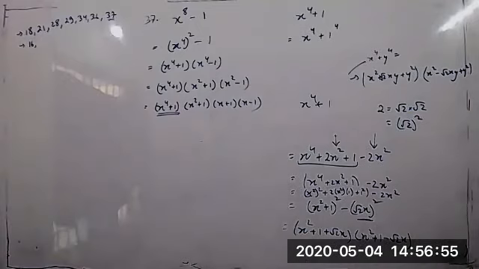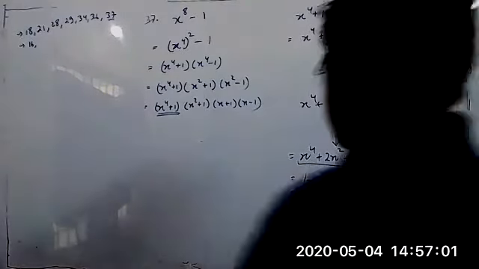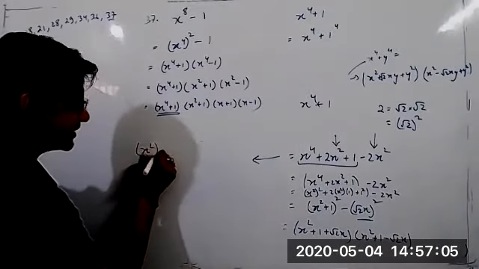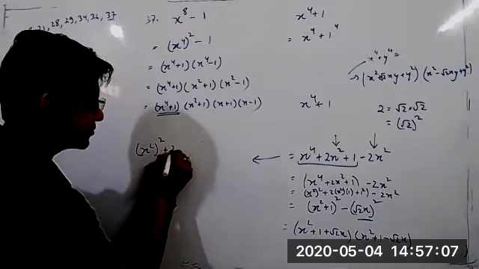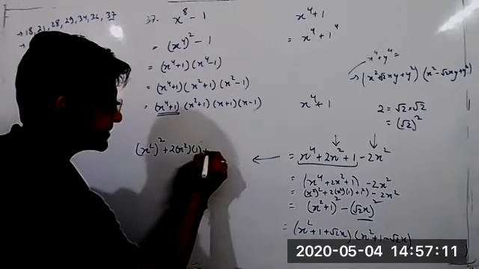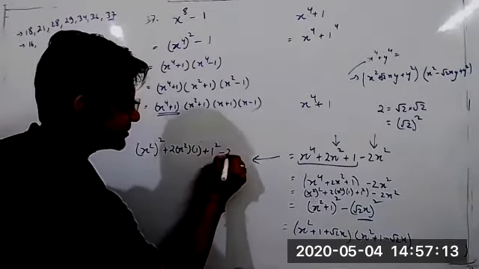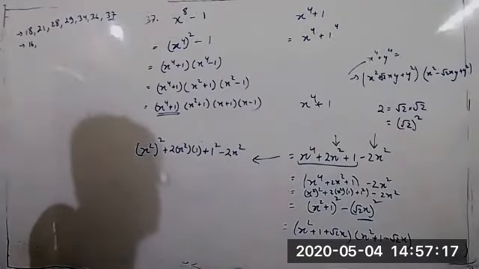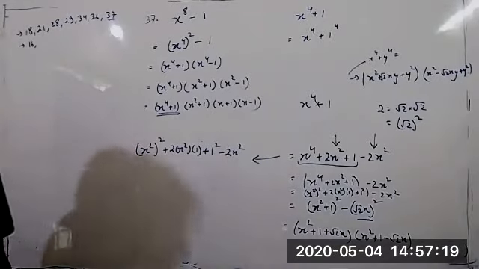No, sir. Okay. Now, can you write this as x square the whole square plus 2x square into 1 plus 1 square minus 2x square? Can you write it like this? Yes, sir. Anyone has any doubts?